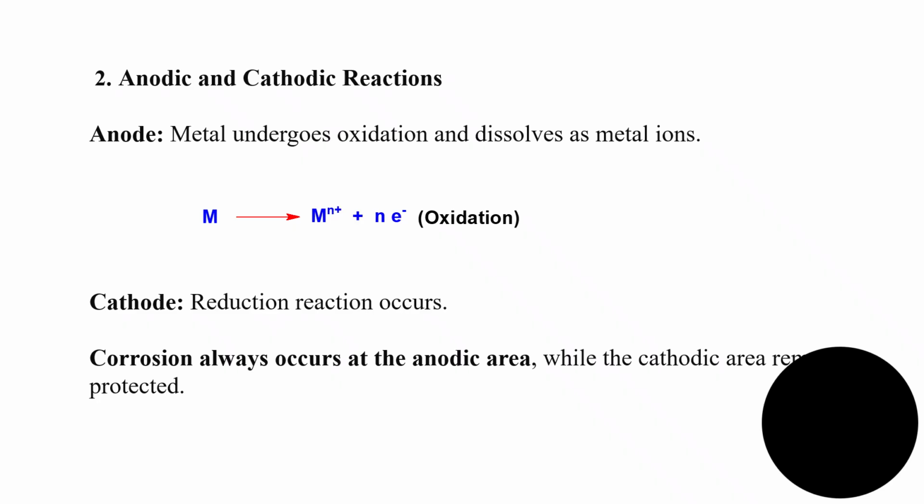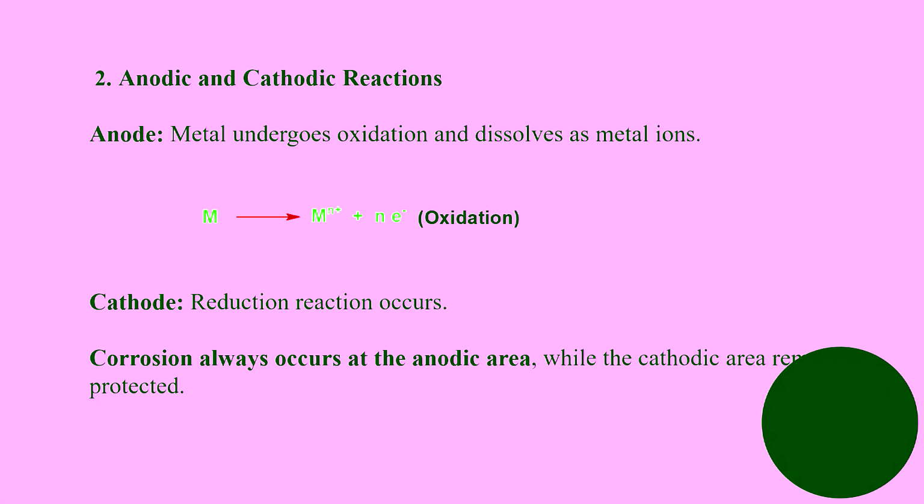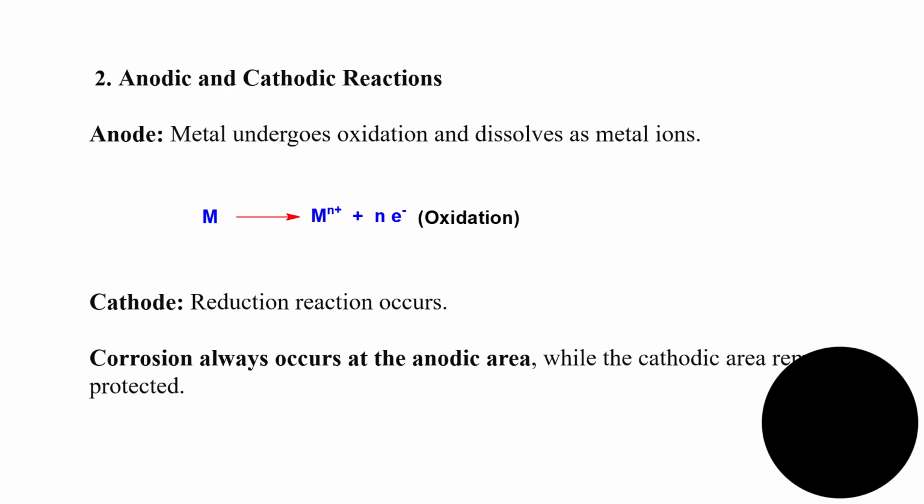When you look at this particular equation, the M represents pure metal that would undergo oxidation, leaving as metal ion and releasing electrons. That is nothing but oxidation. Whereas on the cathodic side, always reduction would take place. So corrosion always takes place at the anodic area and it gets corroded, whereas the cathodic area remains protected.